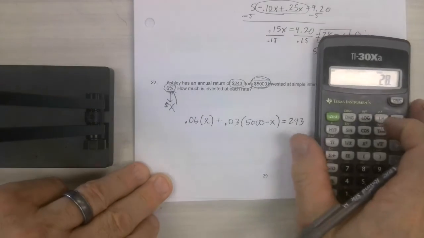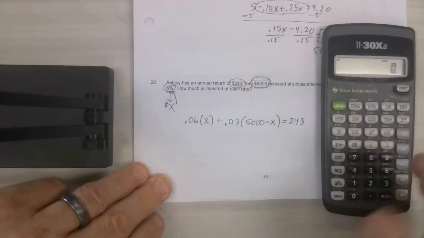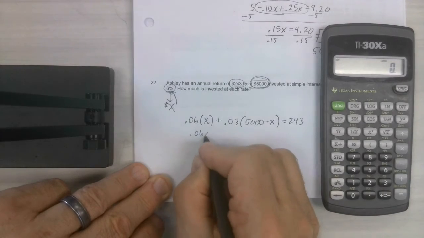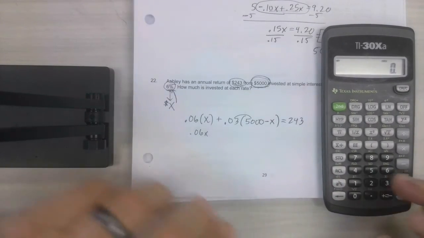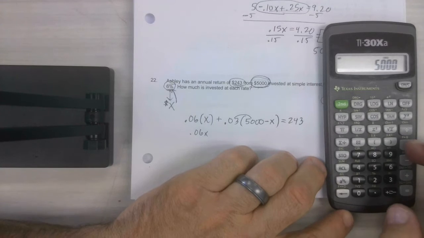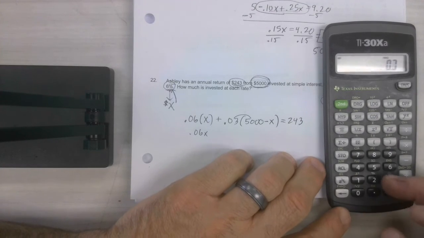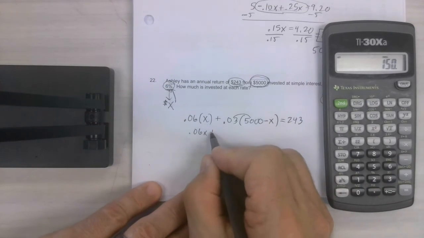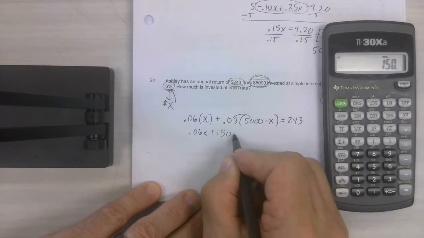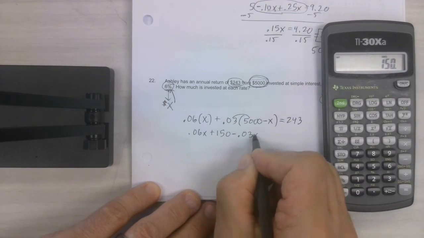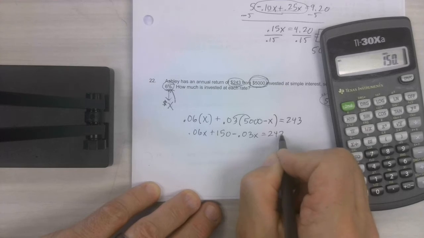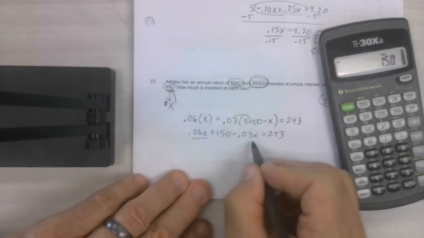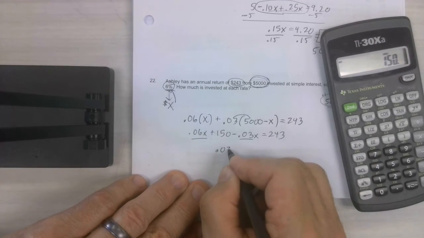Not a ton of money, but better than nothing, I guess. So I get 0.06x. This times this, I do not want to make a silly mistake. 150 minus 0.03x equals 243.